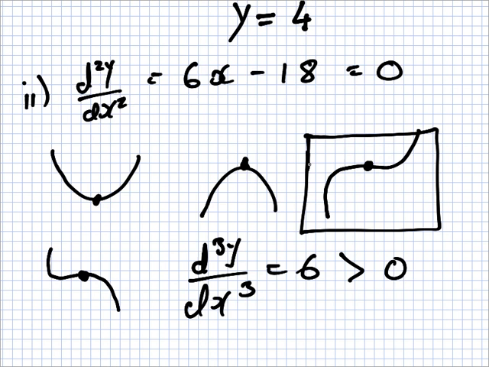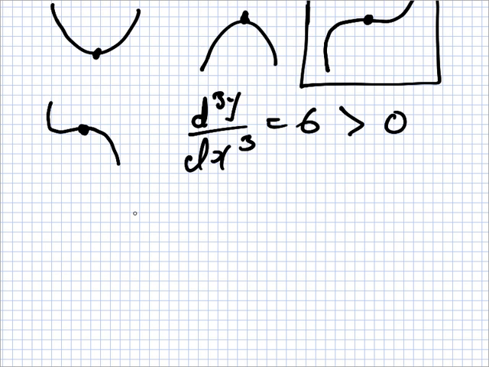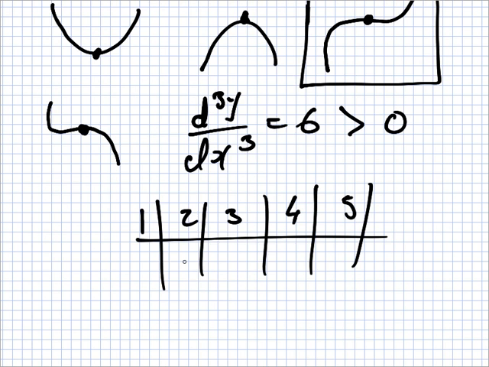If you're not happy with that, and I'm not expecting you to be, you can simply graph it by putting in 2 or 3 points to the left and right of x equals 3. So if you put in x equals 1, 2, 3, 4, 5, as an example, you get the points and you'll see it'll go like this. That's perfectly fine. In fact, in the marking scheme, that's what they do.